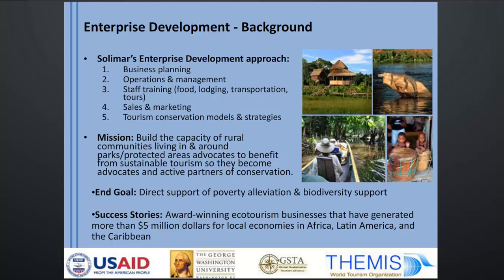So within that fifth toolkit, we talk a lot about the models and strategies that Solimar has identified by looking at its own projects and other partner projects over the years to identify trends and opportunities to directly link the resources that sustainable tourism can generate for biodiversity conservation and poverty alleviation.